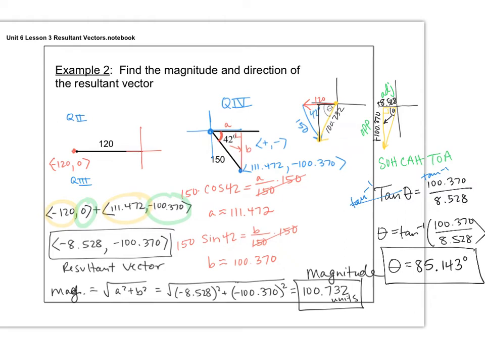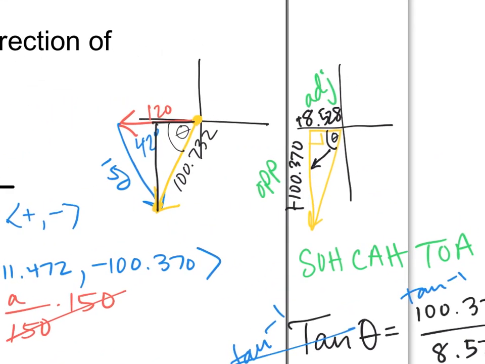Well, it's 85.143 degrees from the horizontal, and it's down into quadrant 3. So let's make a note that our theta, or our direction, is 85.143 degrees into quadrant 3, which means down from the horizontal. So let me enlarge this a little bit again. We're going down this way 85 degrees.